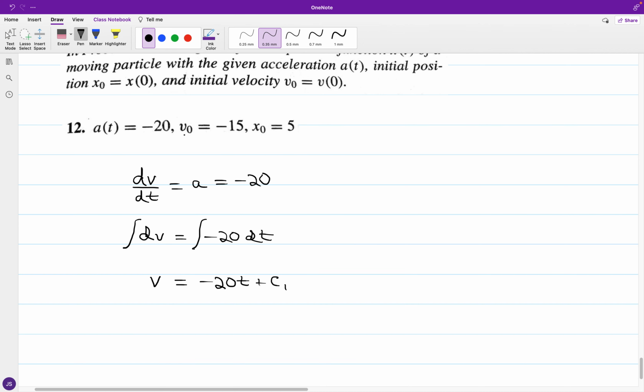Now we have v naught is equal to negative 15, so applying substitution, you have v of 0 is equal to negative 15. Applying substitution, so v is at negative 15 and t is at 0, and automatically the first constant is equal to negative 15.